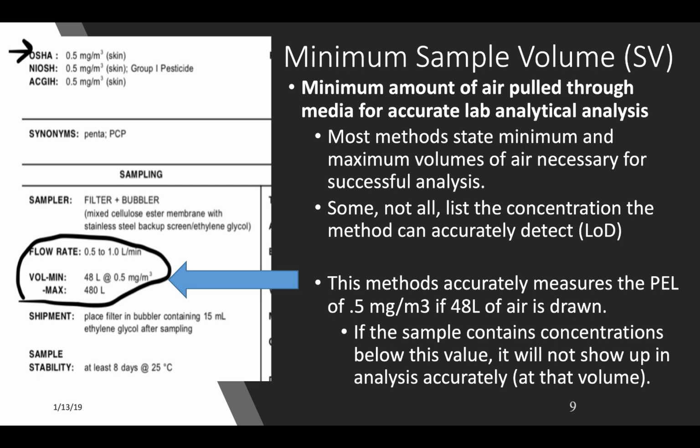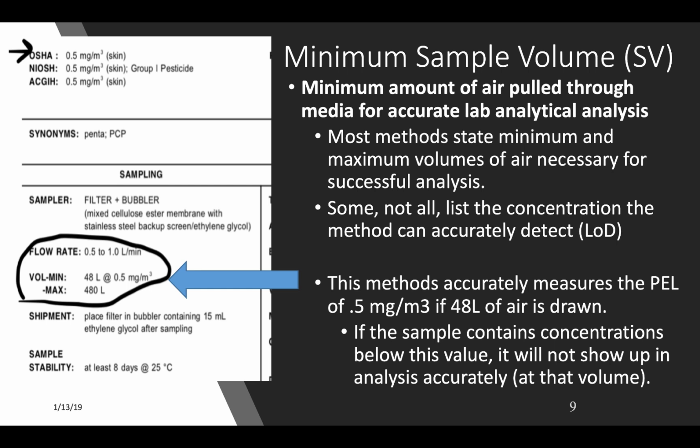So I want to say that one more time so that you can understand: if you only pulled 48 liters of air and there was a concentration in air below 0.5 milligrams per cubic meter, below the permissible exposure limit, this method would not accurately detect the material, the chemical.